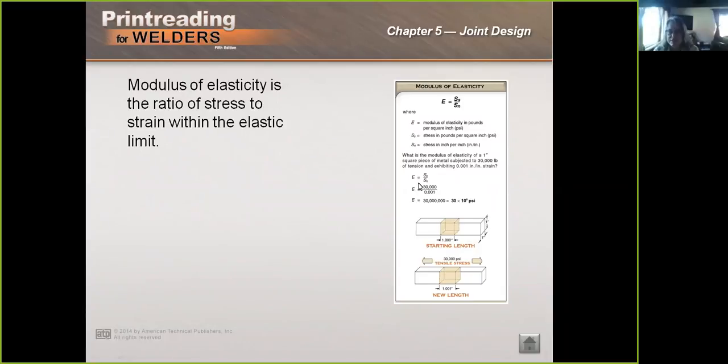So this 30,000 is the stress. They give us the strain, so we divide that stress by the strain, and we get a modulus of elasticity of 30 million psi. The modulus of elasticity is an indicator of how much stress is required to deform a metal or another material a given amount.